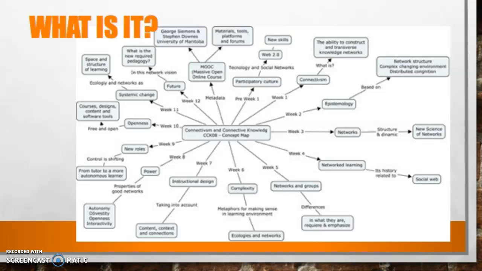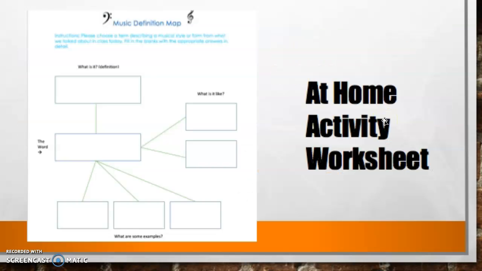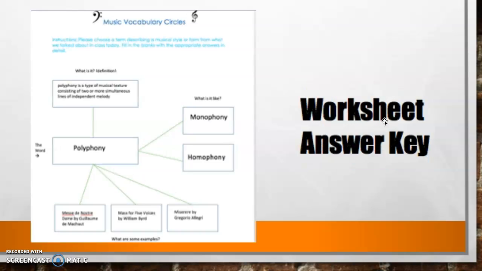Ideally, my goal is for me to teach them the concept or vocabulary term. For example, the one that I chose to use is polyphony. You can see here that that was the word that I chose for my example worksheets.